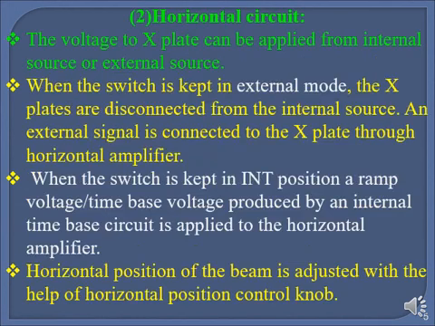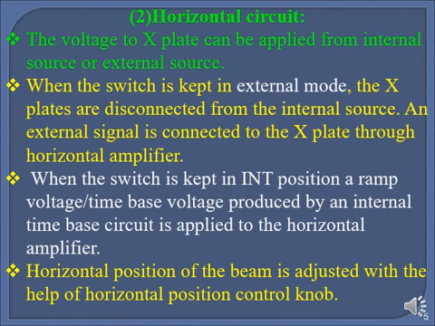Now we will discuss the function of horizontal circuit. Voltage to the X plate can be applied from either an internal source or an external source. When the switch is kept in external mode, that is EXT as shown in the block diagram, then the X plates are disconnected from the internal source and the external signal is connected to the X plate through the horizontal amplifier.